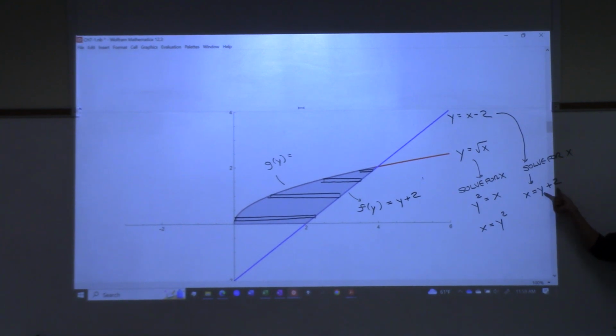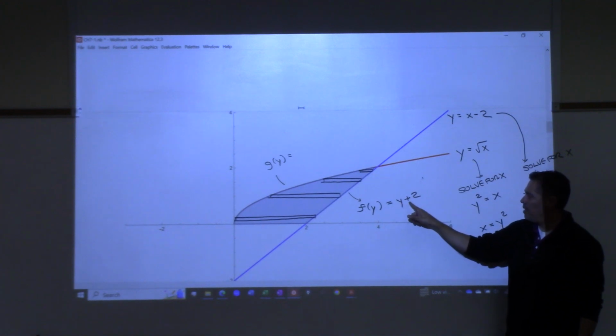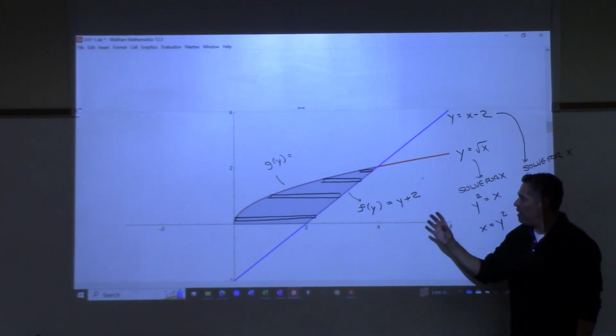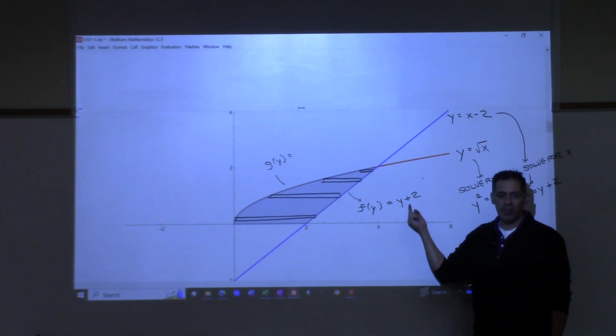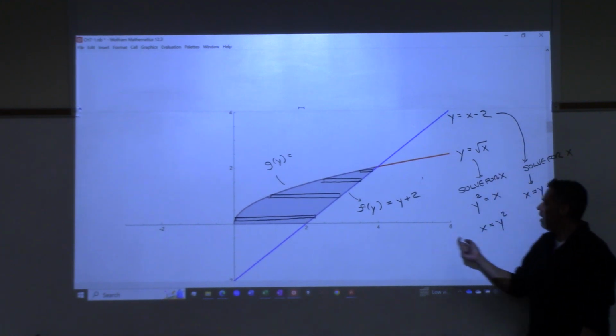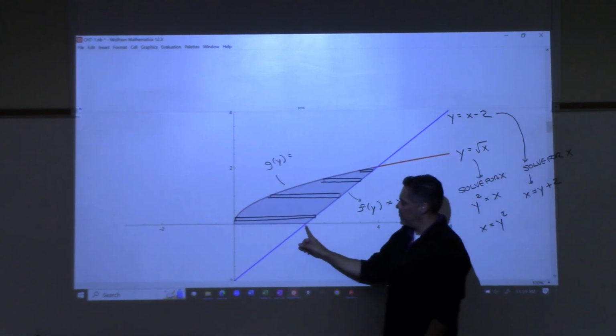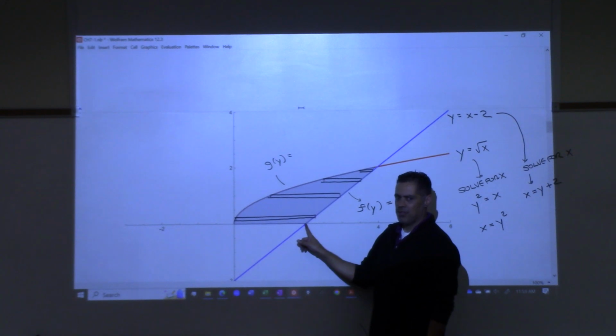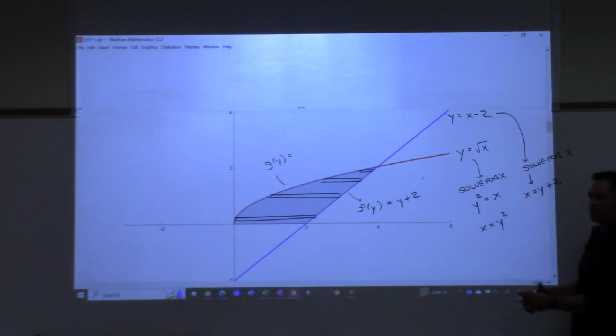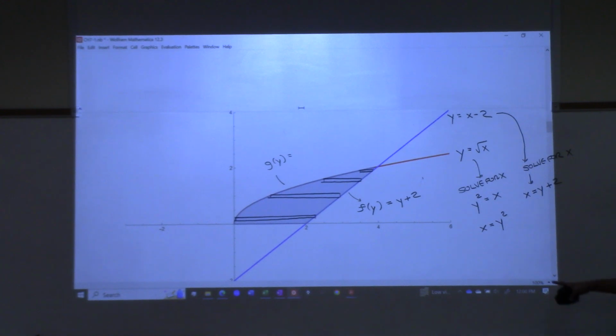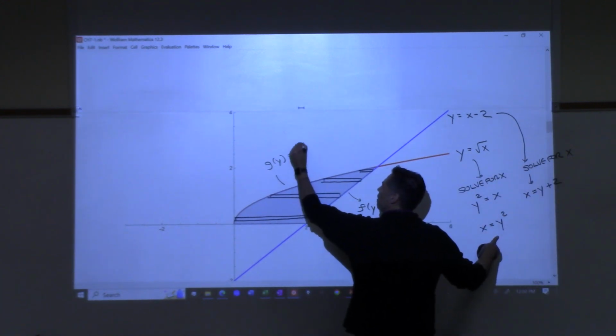You solve for x, so now the x value is a function of y. If you give me y, this will return to you the x value. So let's say y is 0. If y is 0, then what's x? 2. Does that match up? Right there. If y is 0, x is 2. It's just the reverse of everything we've been doing. All right, then that means g of y is y squared, right?